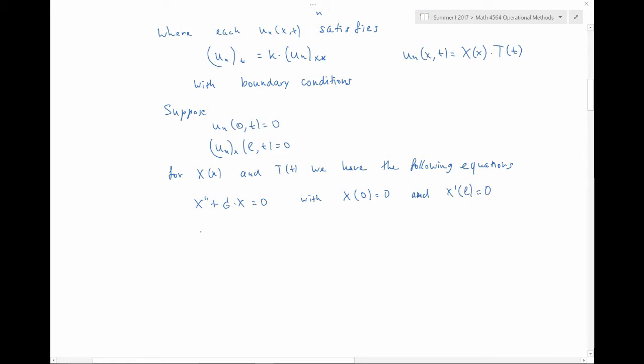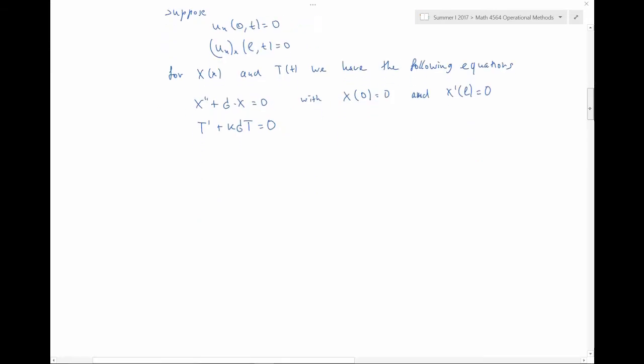We also have an equation T prime plus kappa sigma T equals 0. And there are no initial conditions on T imposed just yet.